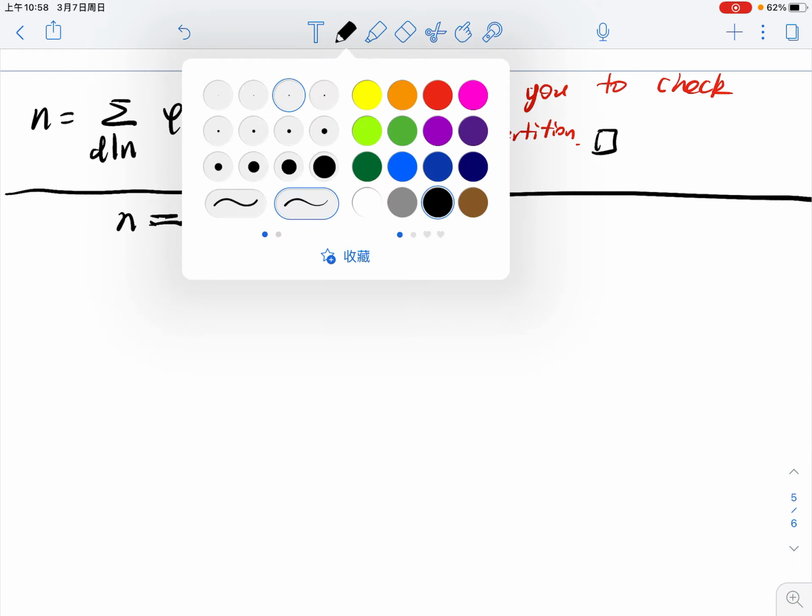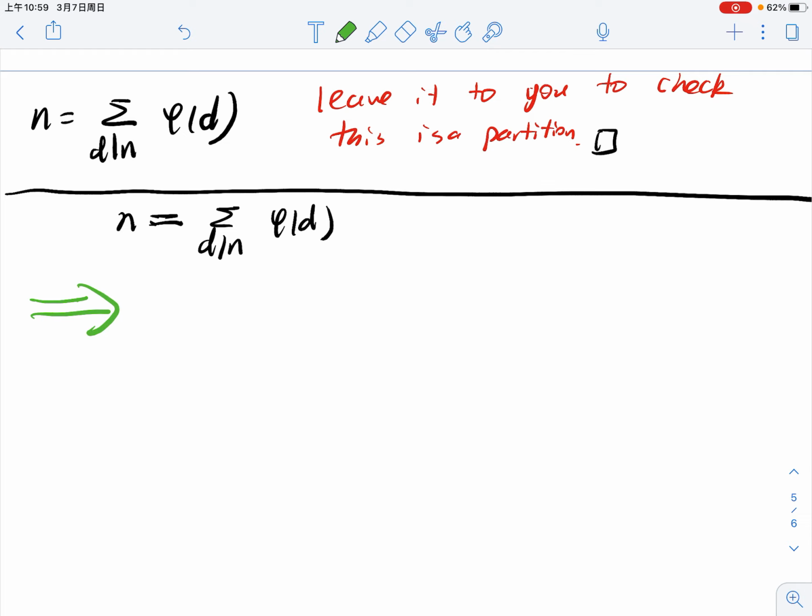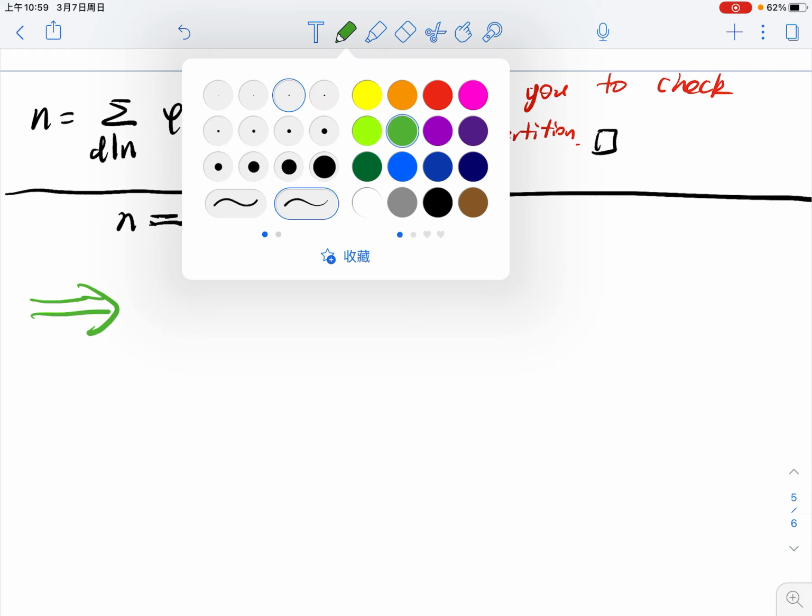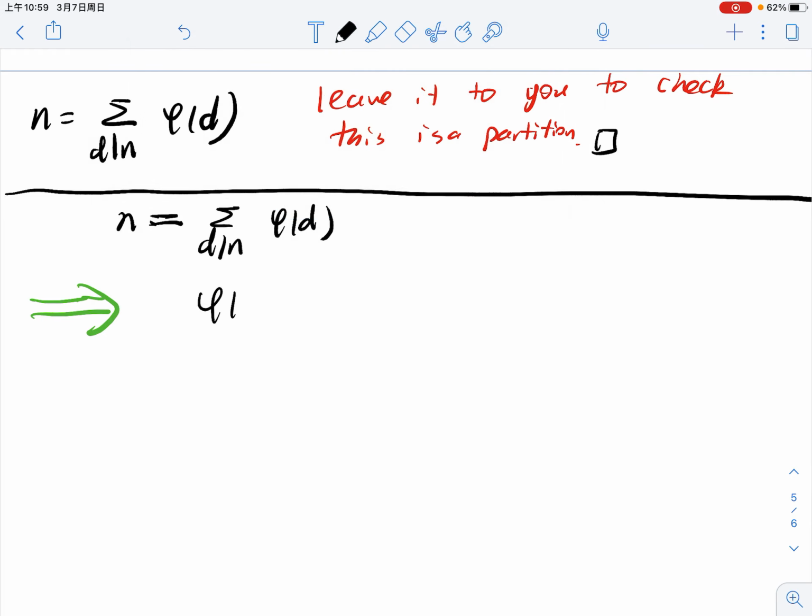So a more natural question is, can we write down the inverse form? That is, can we write down phi n as a summation of, for example, some coefficients times terms over m, where m is a factor of n?